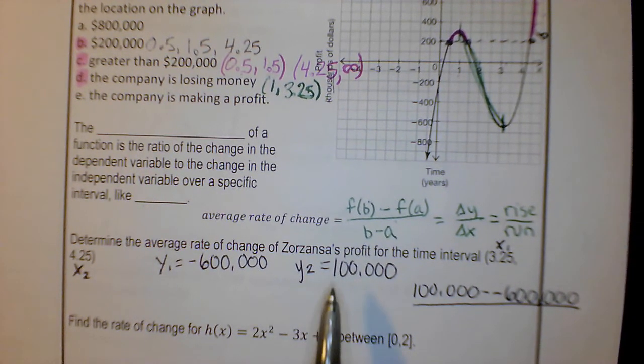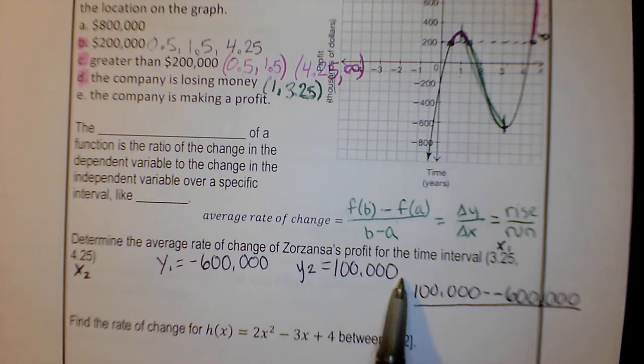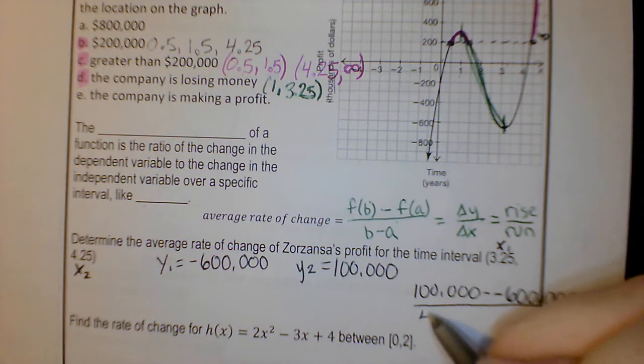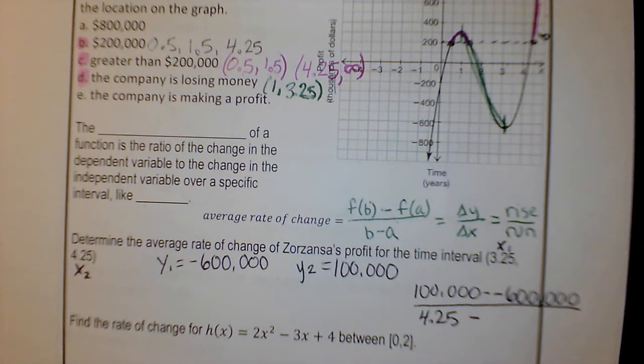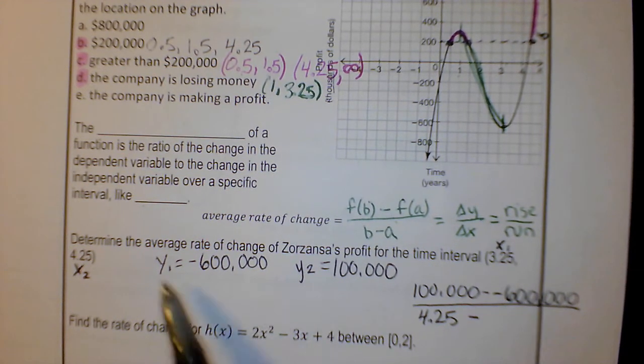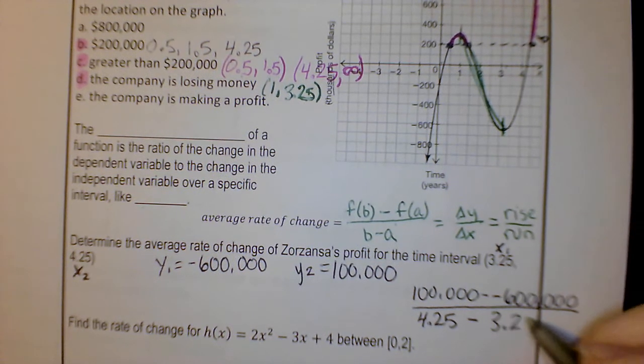What I mean by they need to line up is this Y value, this Y2, came from X2. So that needs to be the first thing because this was the first thing. And this Y value, Y1, came from X1 over here, so that needs to be the second thing.